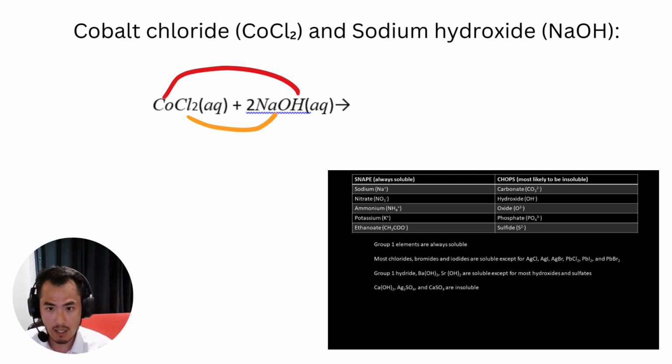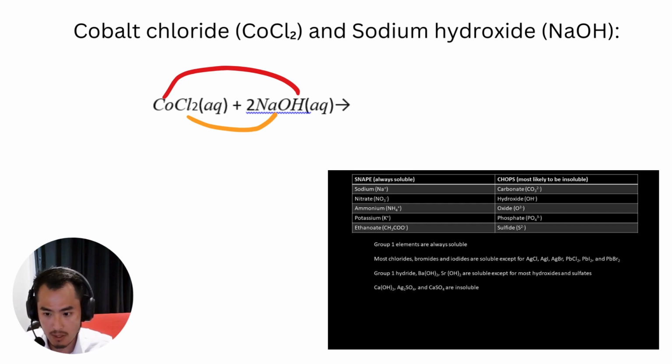Sodium hydroxide is NaOH. So when we put this together, we have CoCl2 and 2NaOH. So partners: cation, anion, cation, anion. Cobalt will join up to hydroxide, sodium will join up to chloride.